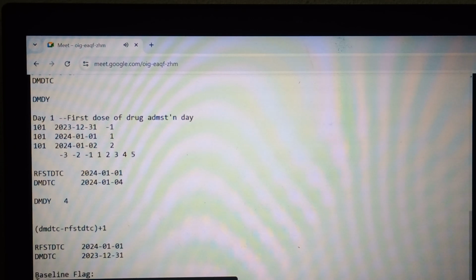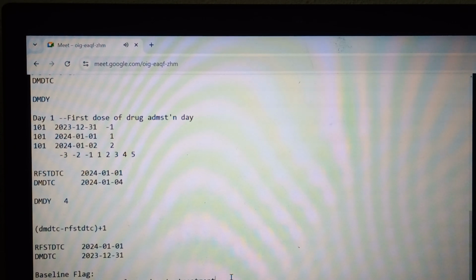So the latest non-missing value prior to the treatment is the baseline flag definition. Here we have to check what is latest, and what is a non-missing prior value.